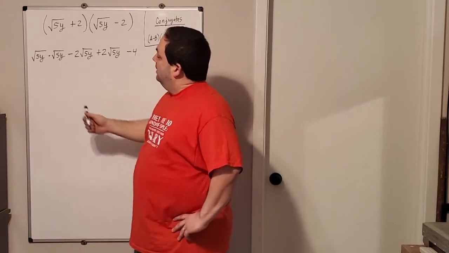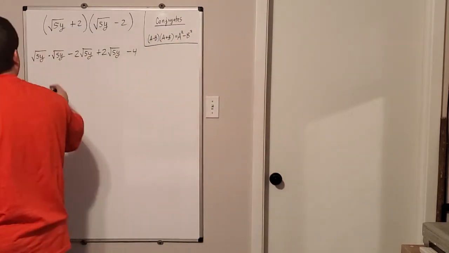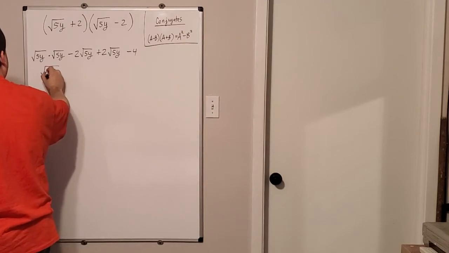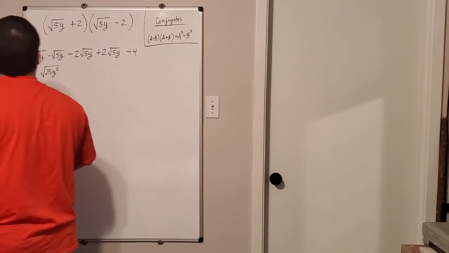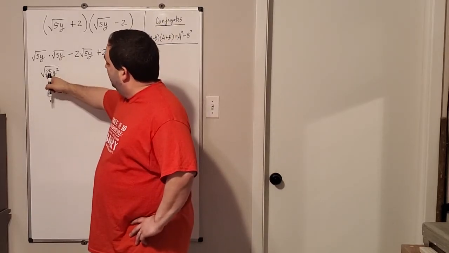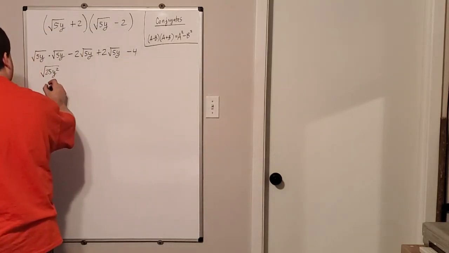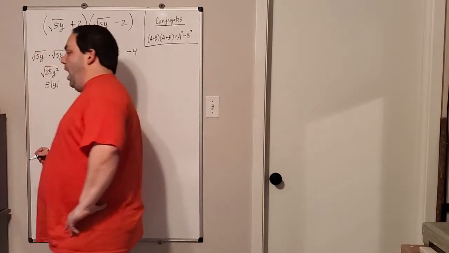Okay? Now here, square root of 5y times the square root of 5y gives me the square root of 25y squared. And then I can simplify that concurrently here by doing the square root of the 25 and the square root of y squared. And don't forget, now technically this should be 5 times the absolute value of y.